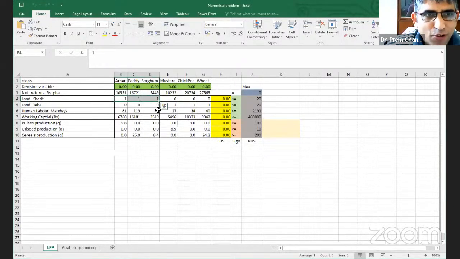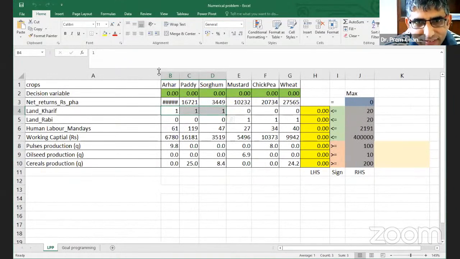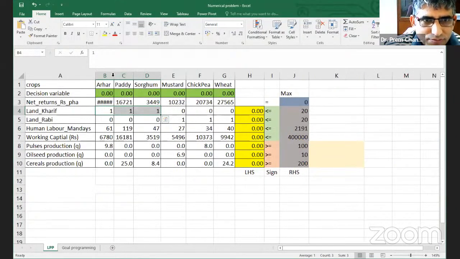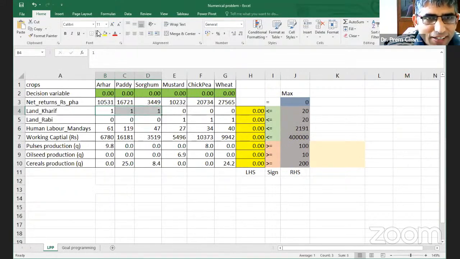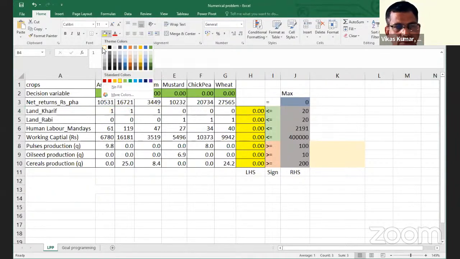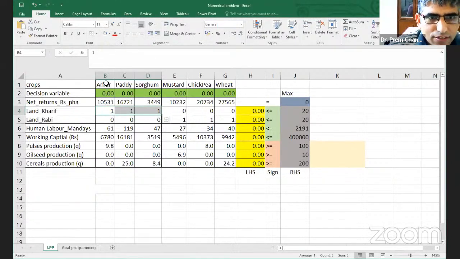I'm highlighting it in yellow. 1 means he can grow that crop in that season: pigeon pea, paddy and sorghum in Kharif, and mustard, chickpea and wheat in Rabi.